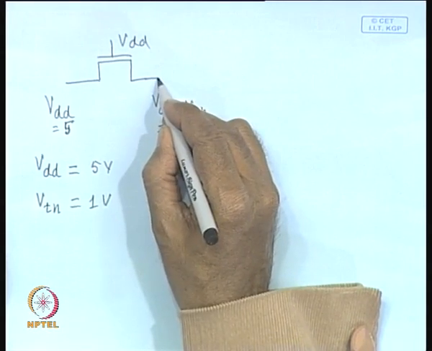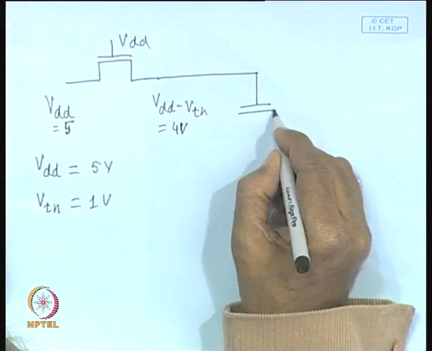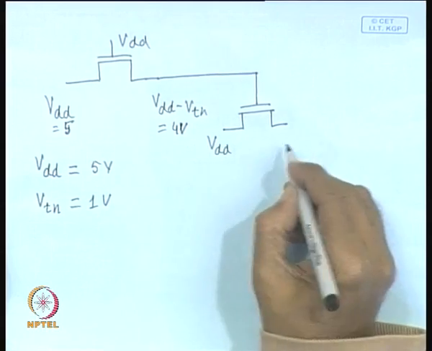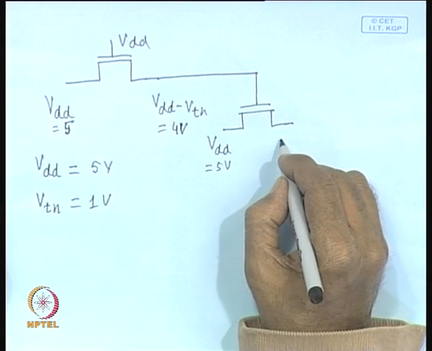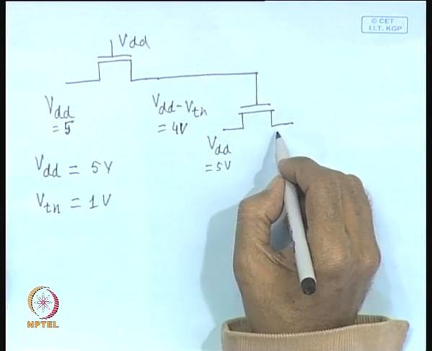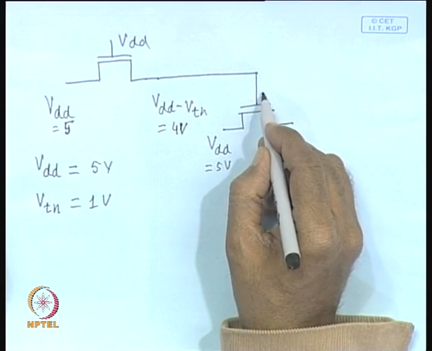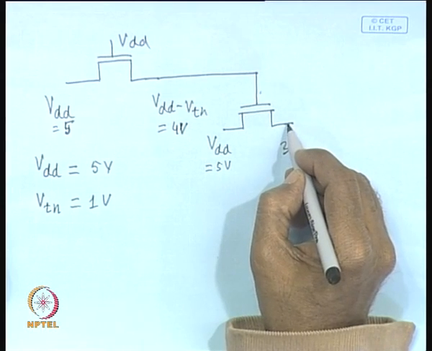Now, if this is used as a control signal to another stage, what will happen here? If we apply VDD equal to 5 volt, here we shall get 3 volt. The reason is, here we are applying 4 volt, so this transistor will turn off when this voltage charges to 3 volt level.